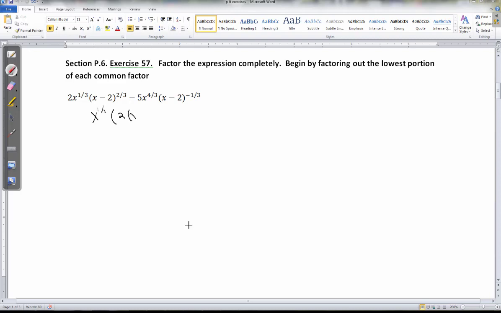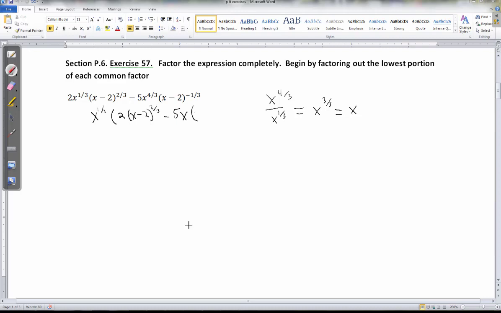And I'll still have that x minus 2 to the 2/3 minus 5. If I take x to the 4/3 and divide out x to the 1/3, that will leave me with x to the 3/3. Let's subtract the exponents, which will just be x. So this should be 5x.